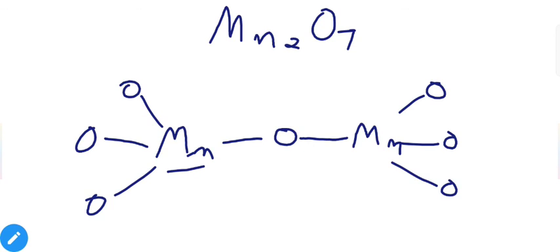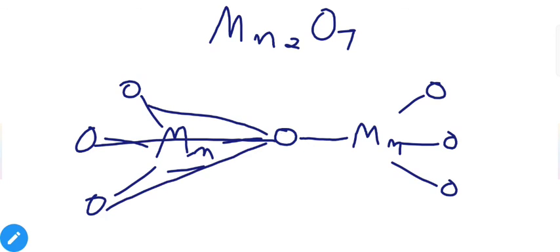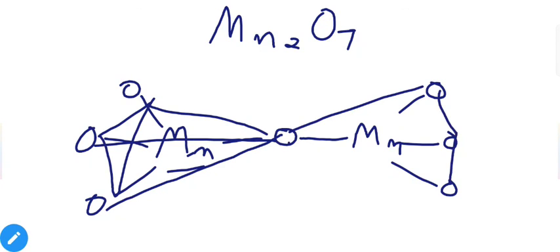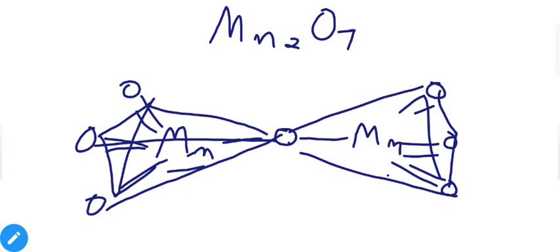That means if we check the Mn, you will get a tetrahedral shape around it by oxygen. So we have two different tetrahedra attached to each other like this. The bridge oxygen will have a single bond with both of the Mn, and the terminal oxygens are double bonded with Mn.